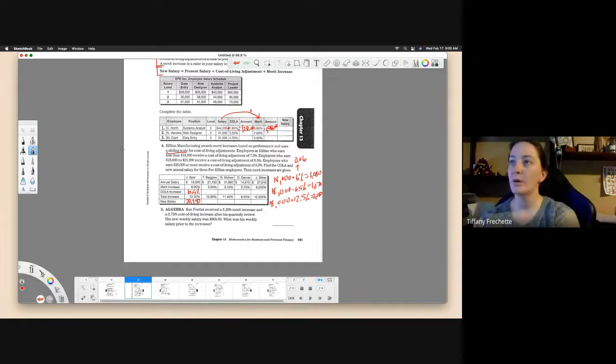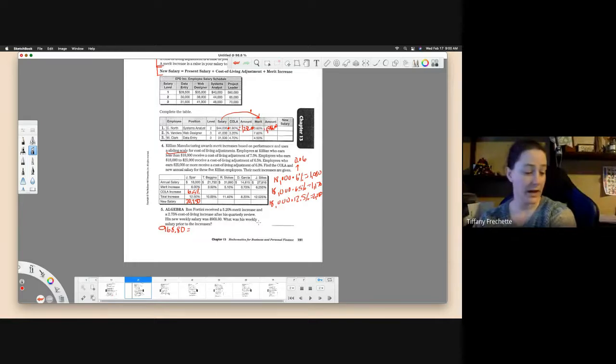So we know what the new salary was. So we have new salary equals present salary plus cost of living plus merit. We know what to do with these two increases in the current salary, right? So we're going to take his new salary, $968.80, and that's going to equal his present salary, which it says what was his weekly salary.